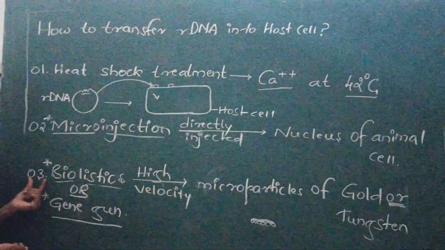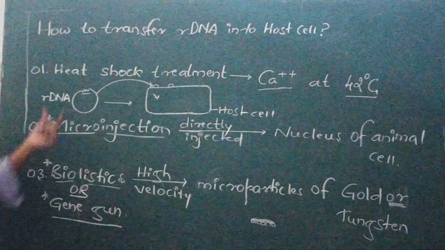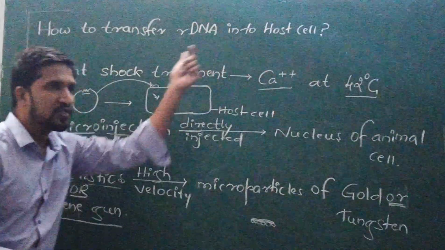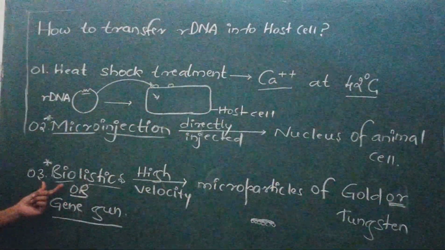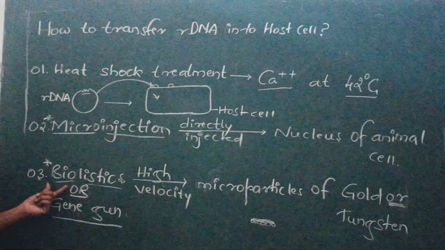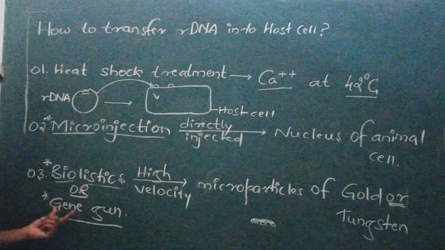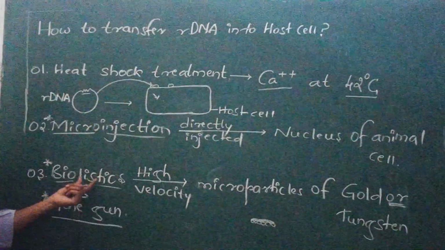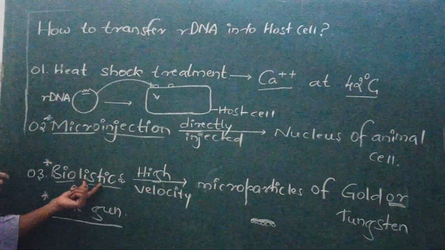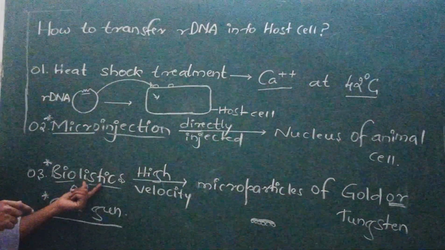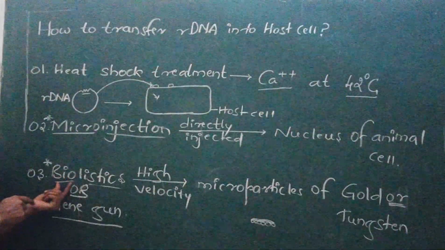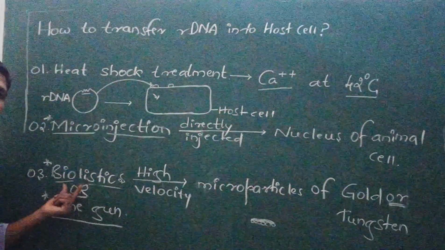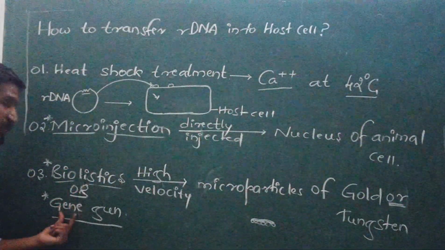Whereas the third method to transfer rDNA into the host cell is by the help of biolistics. Another name for biolistics is gene gun. Bio means living, and listics is nothing but with high speed. With high speed, the DNA is introduced into the cell. So that is called biolistics. It is also called a gene gun.